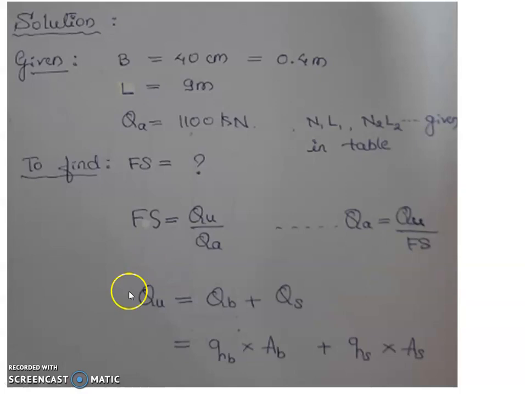To find out QU, the formula used will be QB plus QS. QB is load taken care by the pile at the base, and QS is the load taken care due to skin friction. So same equation can be written as QB into AB plus QS into AS.